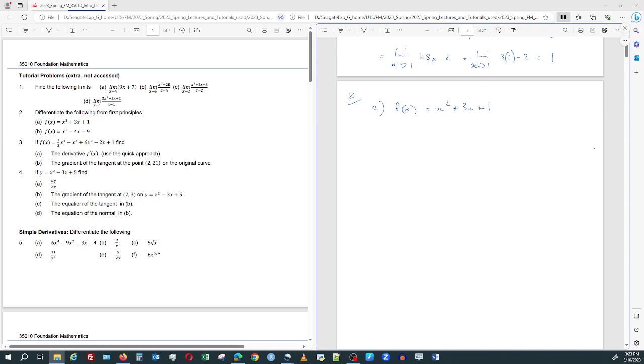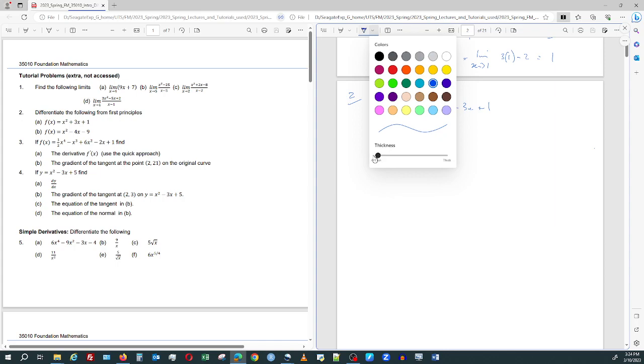So we've got function of x. We're looking to do our first principles.